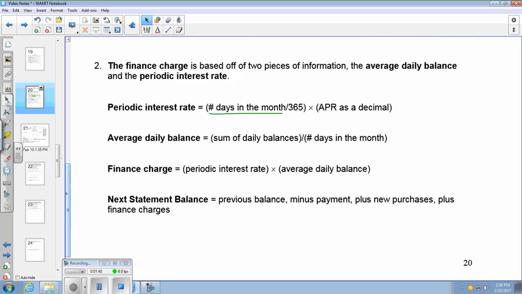And for your average daily balance, you're going to have to find the sum of all of your daily balances and then divide by the number of days in the month. Your finance charge then, you're going to take that periodic interest rate you just calculated above and multiply it by that average daily balance. And then your next statement's balance is going to be your previous balance, again, minus any of those payments, plus those new purchases, plus these finance charges.